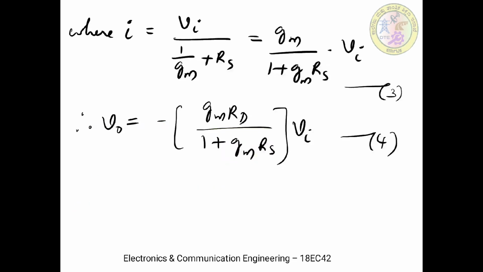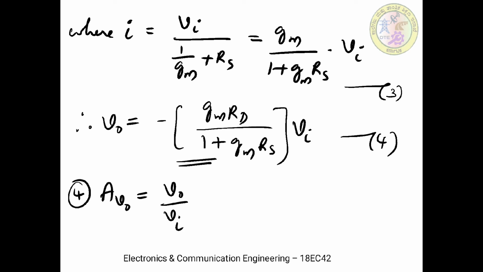Once we know the expression for V naught, let us write the open circuit voltage gain AV naught, which will be given by V naught by Vi.